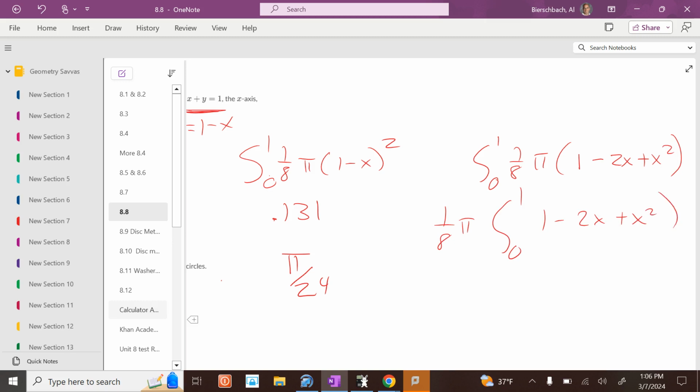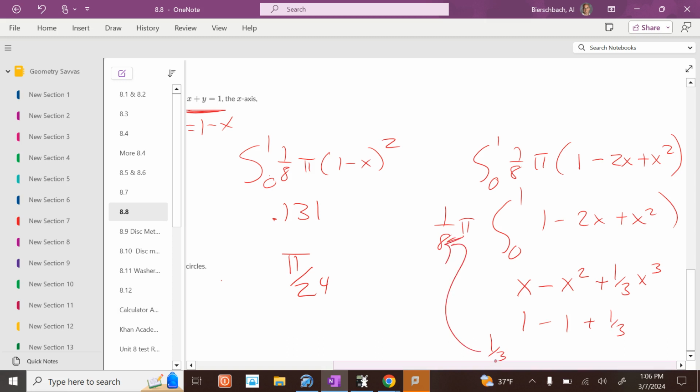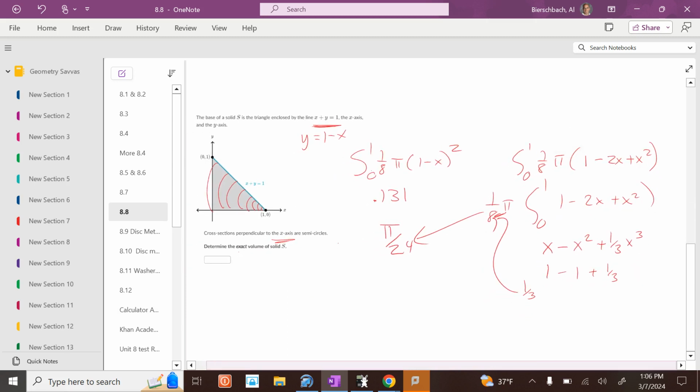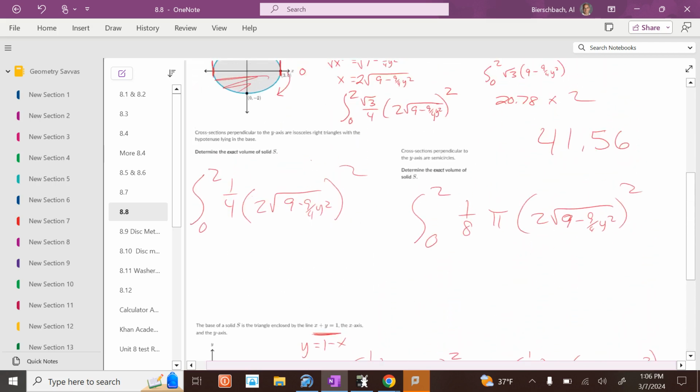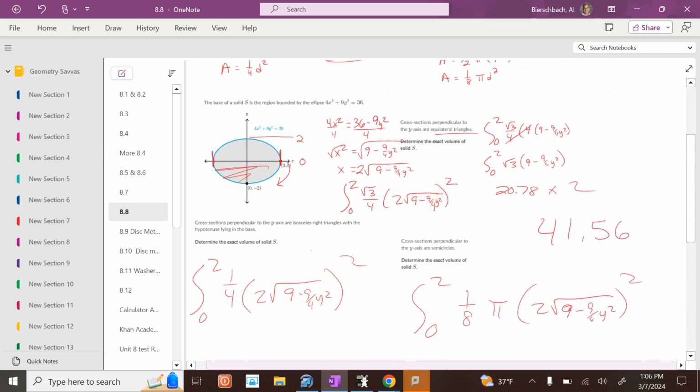And you could put that into your calculator, but we won't have to because it's x minus x squared plus 1/3 x cubed. And put in a 1, and you get 1 minus 1 plus 1/3. So it's 1/3 times this, which is this. Okay. I don't want to integrate by hand on the other two.